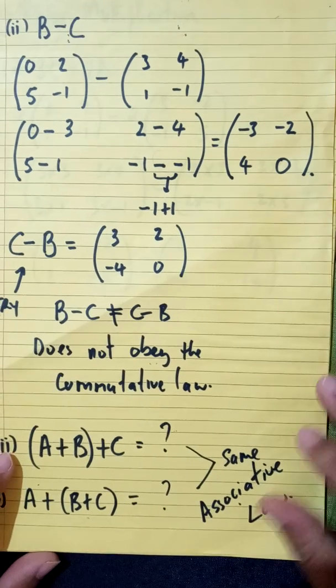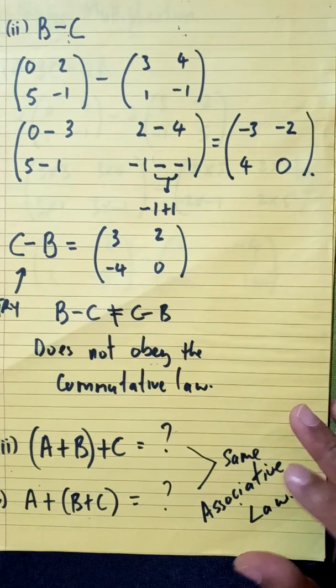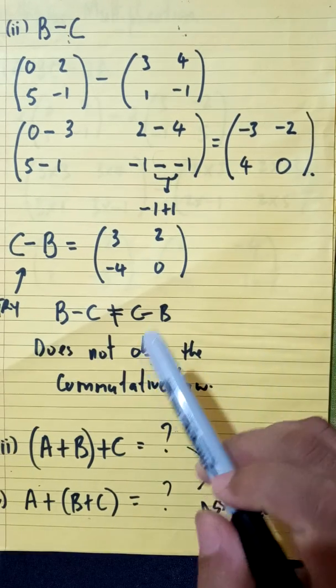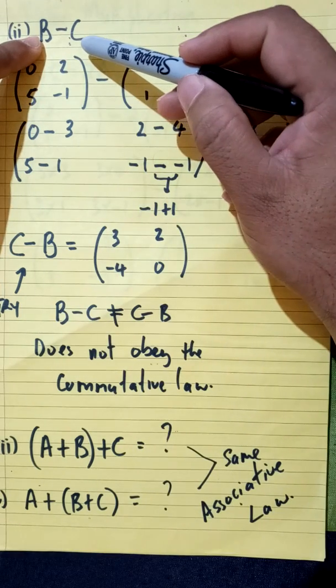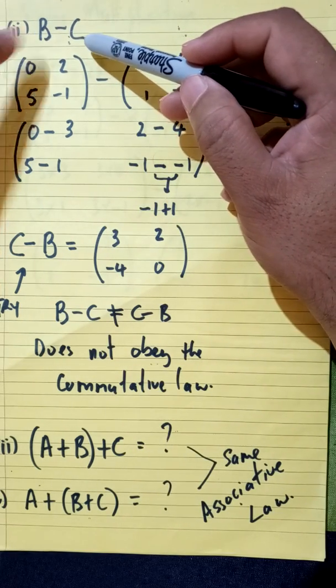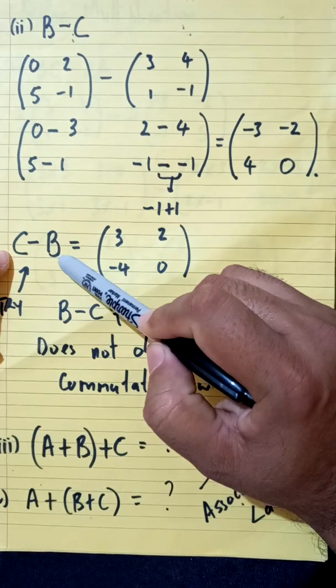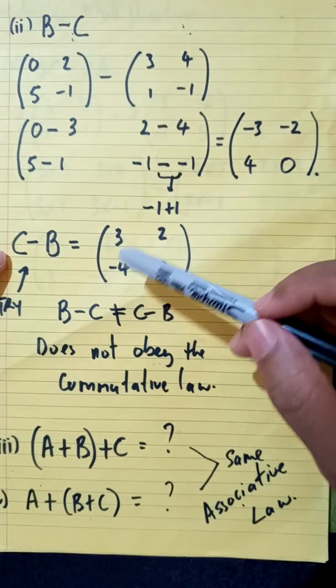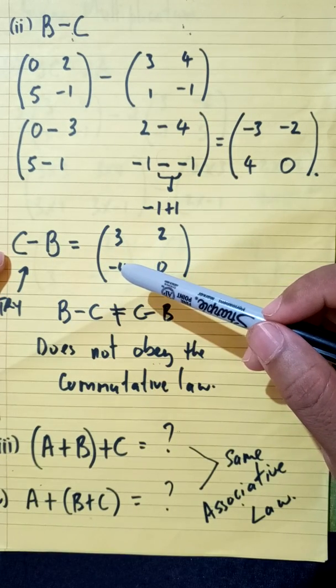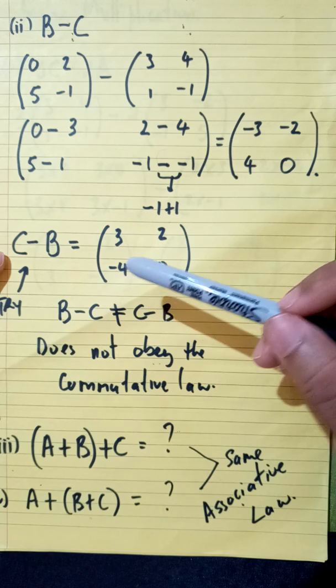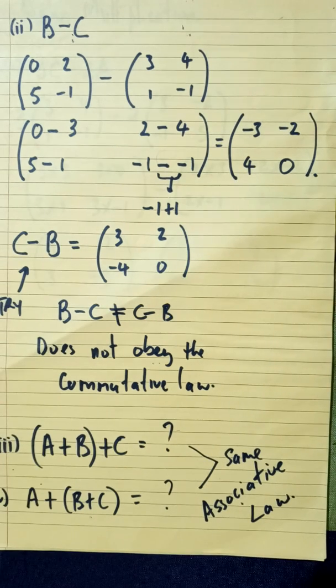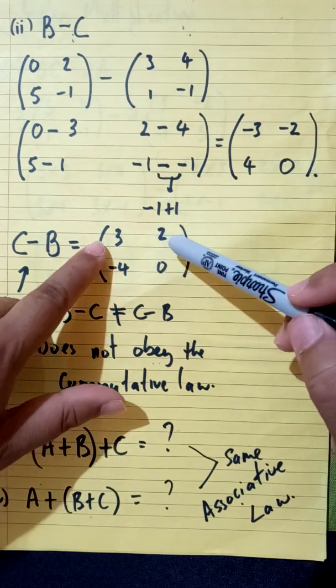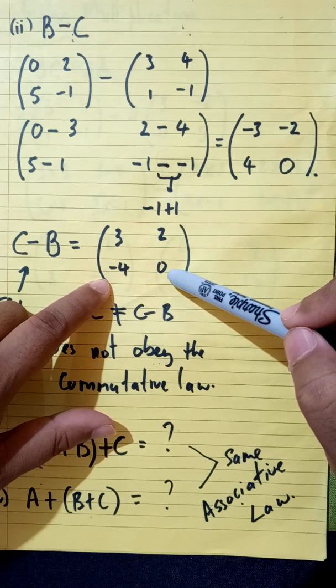Now what I want you to do is to flip around these numbers. So rather than B subtract C, you're going to have C subtract B. Now you're going to pause the video and try it. Now that you've paused the video, what do you notice? The answer is actually 3, 2, -4, 0.